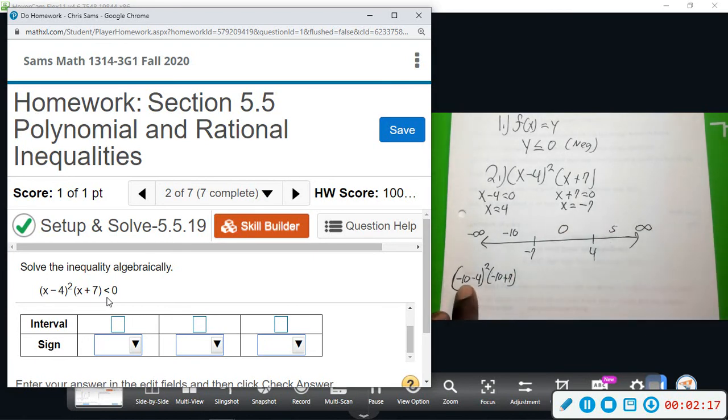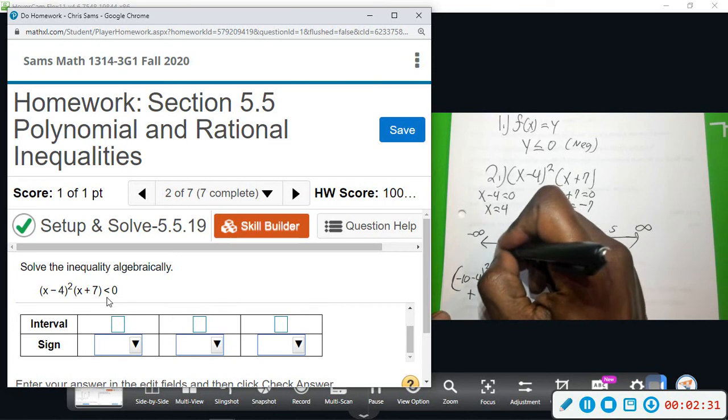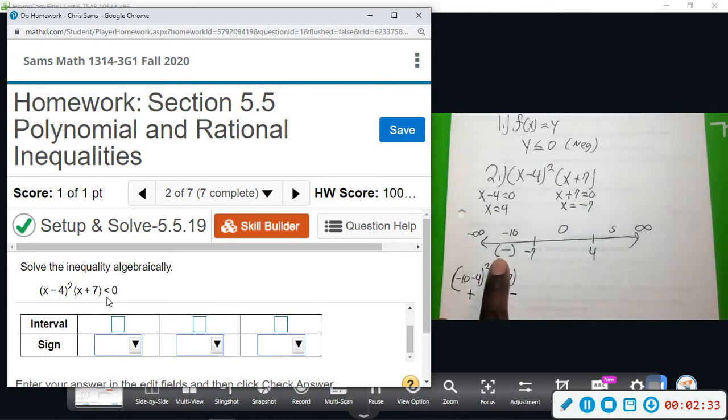Negative 10 minus 4 is negative, but when you square it, it becomes positive. So I got a positive number times a negative number, and that gives a negative overall. It doesn't matter what the number is, we just need to know the sign. It is negative on this first interval.